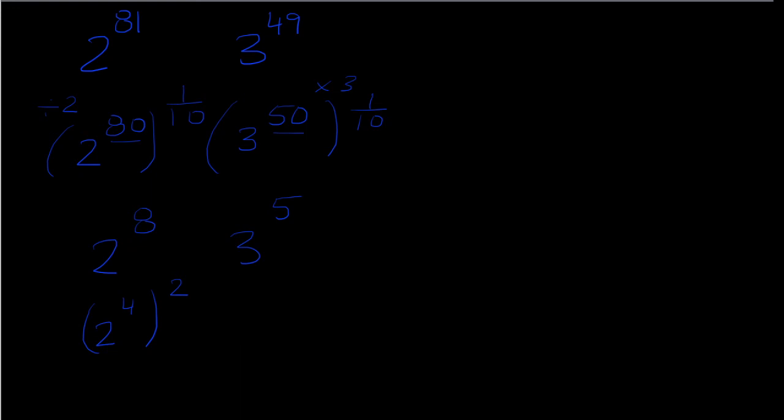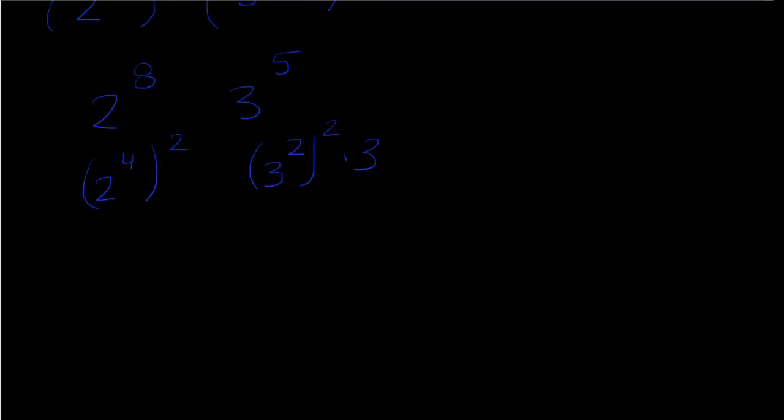And 3 to the 5th, well, we can say that's 3 squared times 3. 2 to the 4th, well, that's 2 squared, so that would be 16 squared. 3 squared is 9 squared times 3. 16 squared is 256. 9 squared is 81 times 3 is 243. We know that 256 is bigger than 243.